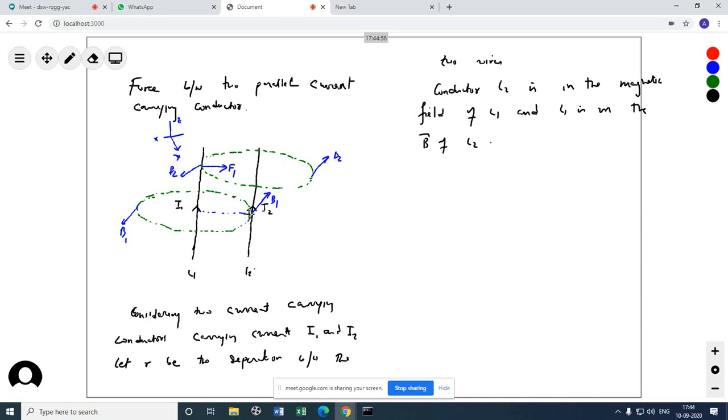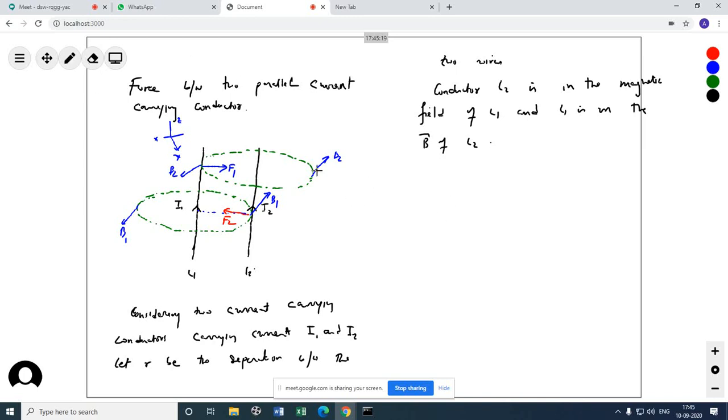Similarly for this one it would be F2. So they are towards each other or not? They're towards each other, right? So you got the concept?